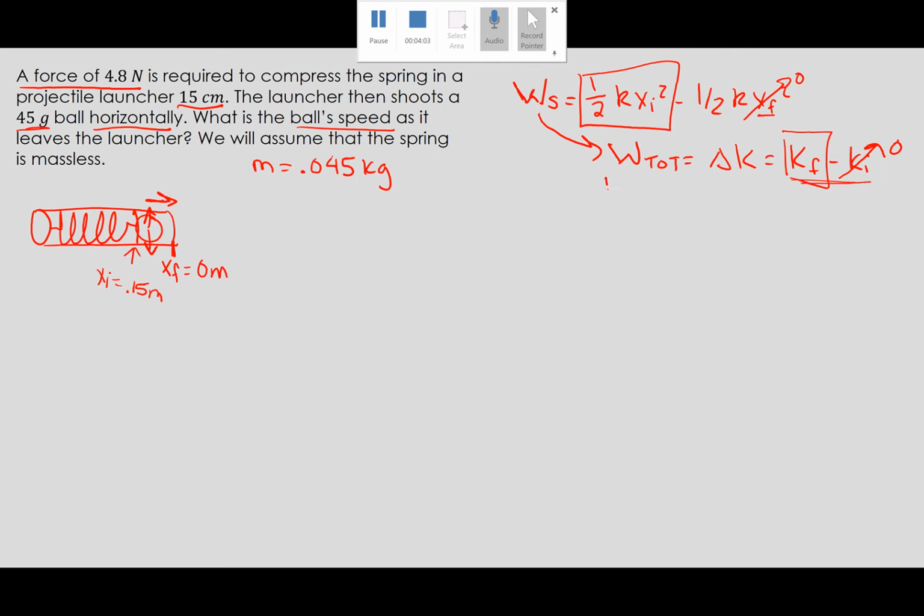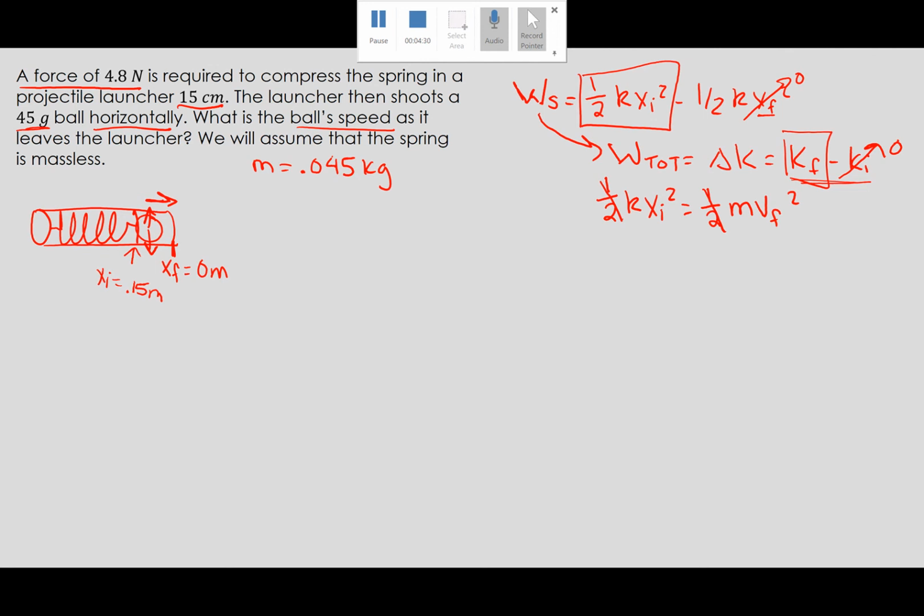Right? So my total work is the work done by the spring, which in this particular case is the 1/2 k x_i squared, and that's equal to the final kinetic energy. We know that kinetic energy is equal to 1/2 m v squared. In this particular case, it's our final velocity. We are able to go ahead and simplify this equation a little bit because we do have 1/2 on both sides, so they do cancel.